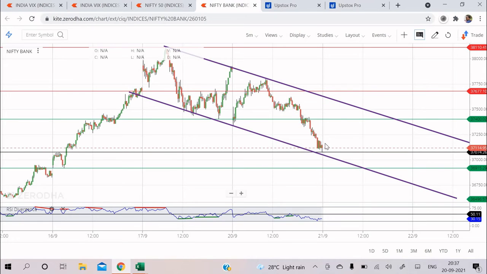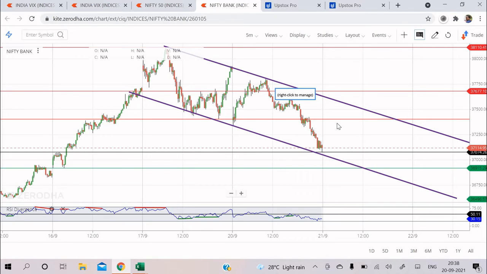So tomorrow if you see the market approaching 37,400, and if you see a reversal candle here, you can definitely opt for a put position also. Moreover, I think we may trade between 36,915 to 37,400 tomorrow.